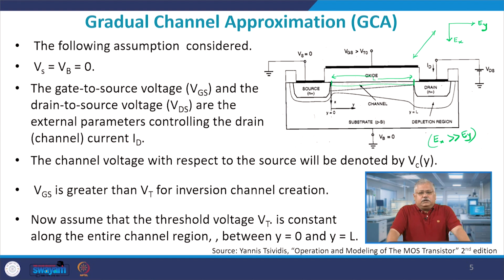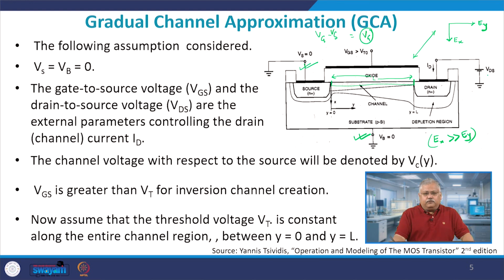Now, for the following assumptions, we are assuming that the source is grounded. You see the source is grounded here, and the bulk or the body is also grounded. So your p type substrate is grounded, and your source, which is a highly doped n plus region, is also grounded. I apply bias to the gate side with respect to the source. When I say VGS, it is basically VG minus VS, but since VS equals 0, it is the absolute value of the gate voltage which I apply.